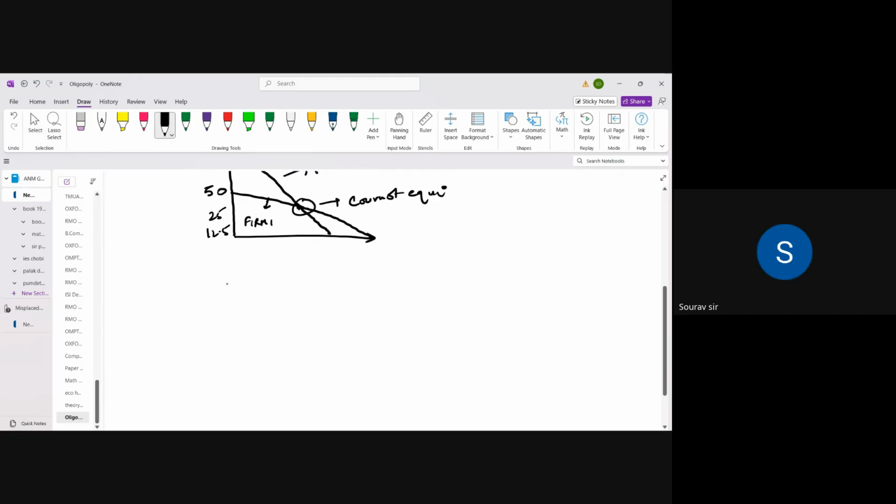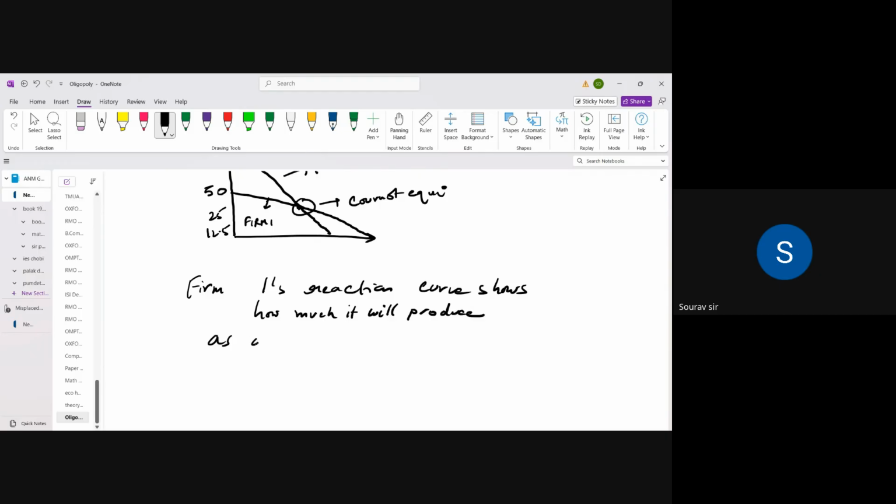How to interpret this? Last day, if you remember, I told you that it starts with the first one's reaction based on another's reaction. Firm one's reaction curve shows how much it will produce as a function of how much it thinks firm 2 will produce.